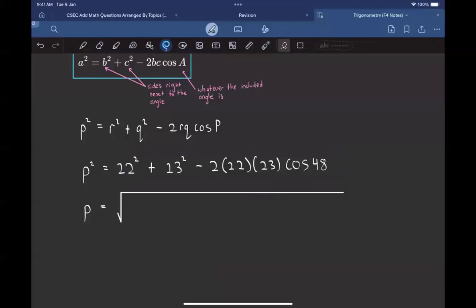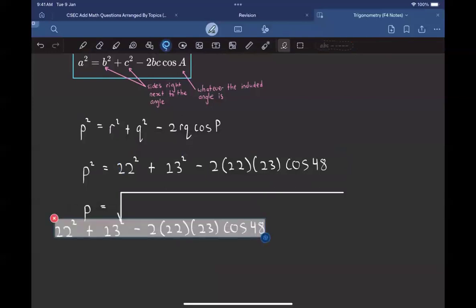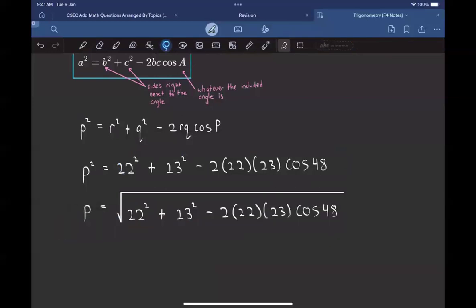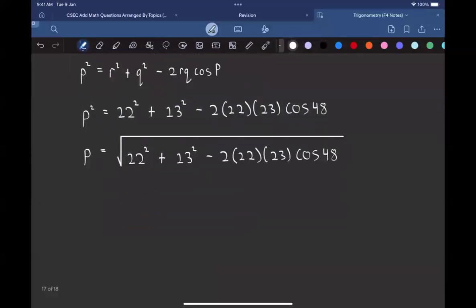Let me show everybody who has a calculator how to plug it in. First, press the square root button. Then open one bracket and put 22 squared.